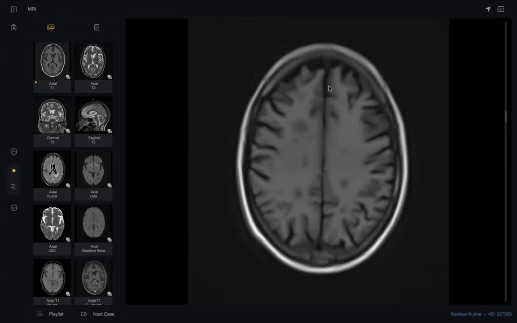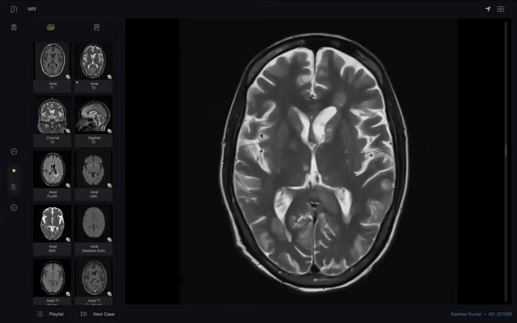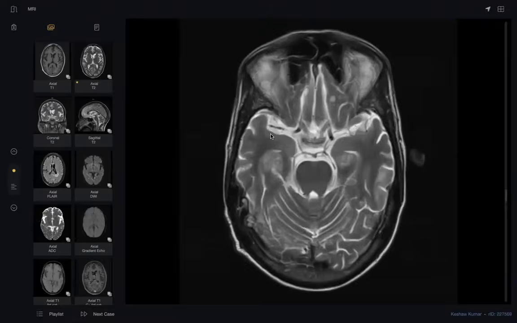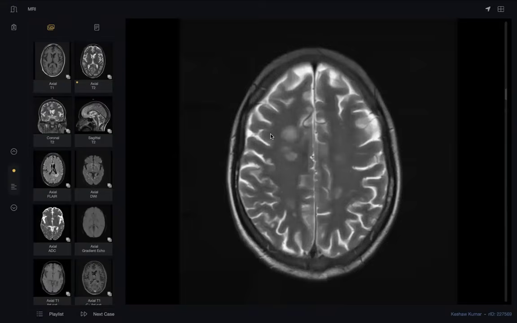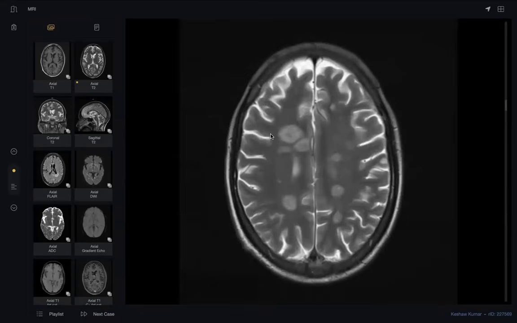But as the patient has a long history, infection is a less likely possibility. In my routine practice, I will also review the diffusion weighted image and the contrast study, T2 as well. The lesions don't show any mass effect.